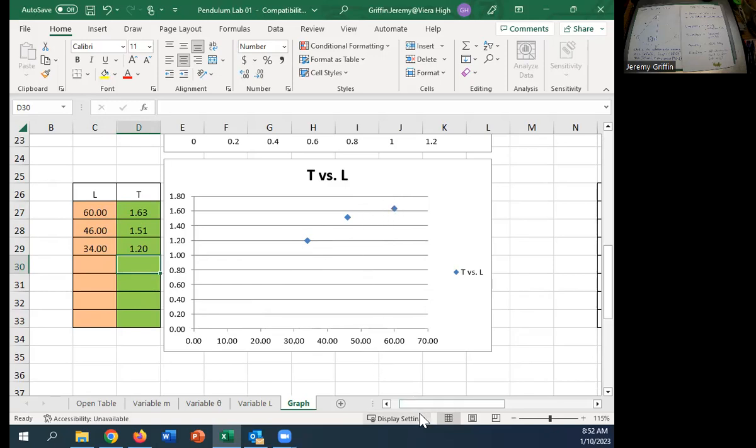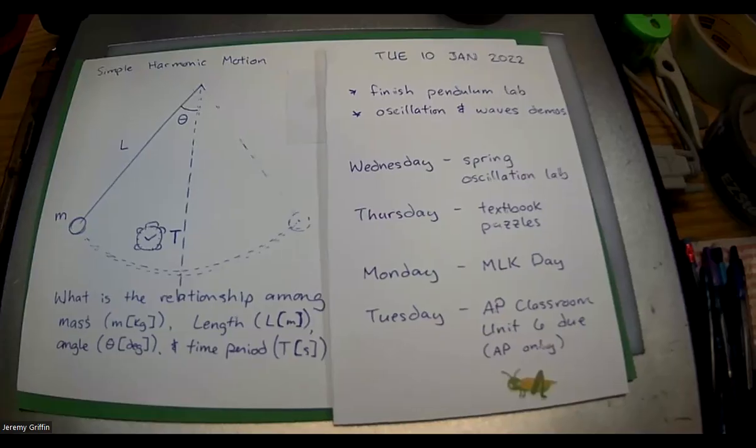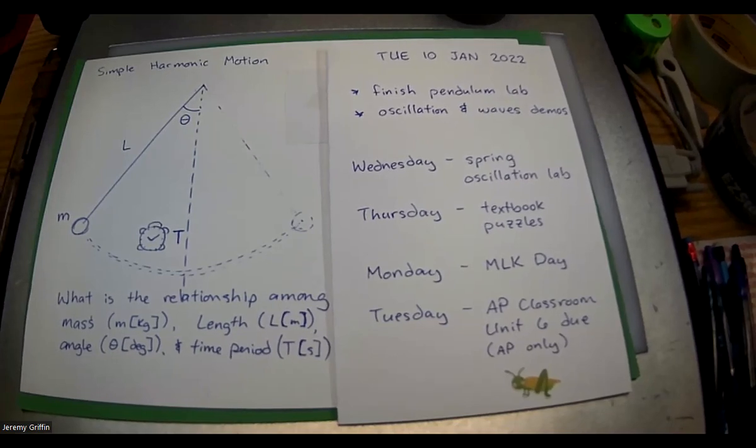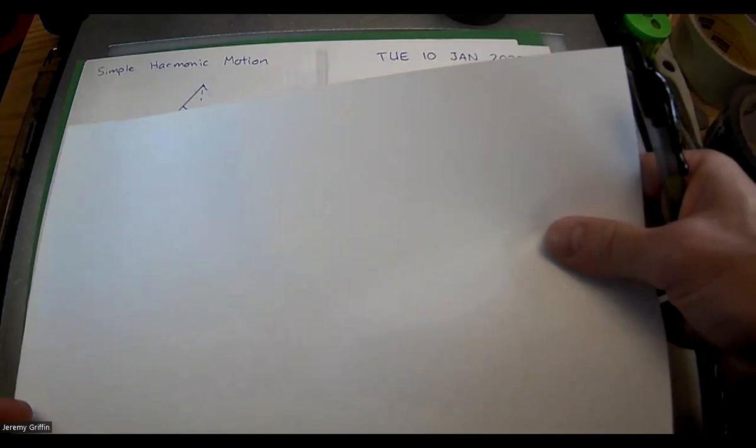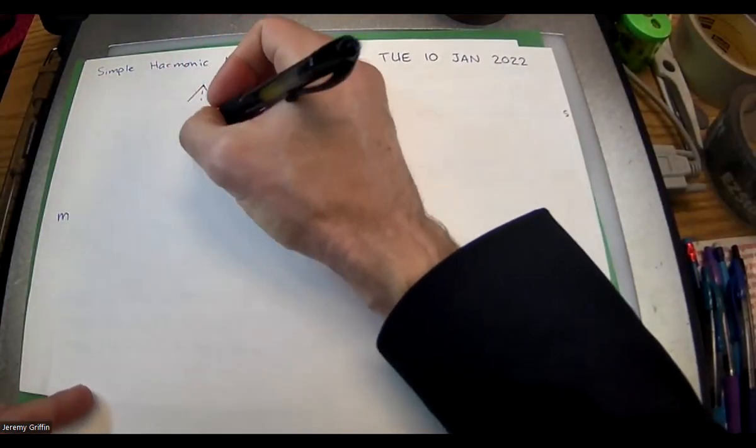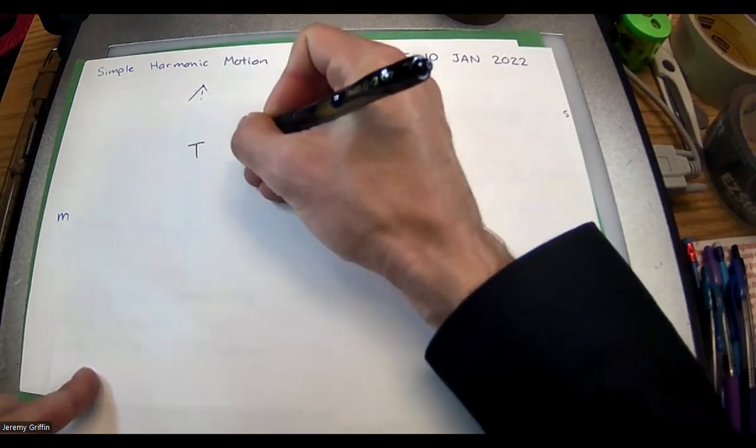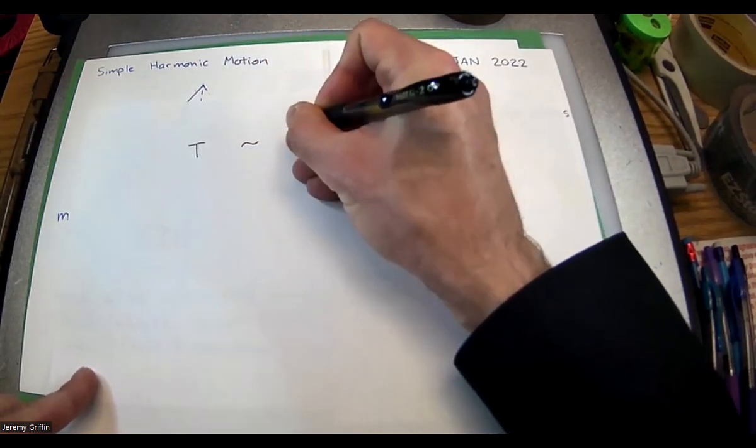Now that's the last thing we did yesterday, and then the bell rang. So here's where we're going to pick up. This next part, I want to make a big deal about because this is a skill you definitely have to have for something like AP: to be able to linearize something that's not originally linear. So far, we're suspecting that time period is proportional to the square root of length.